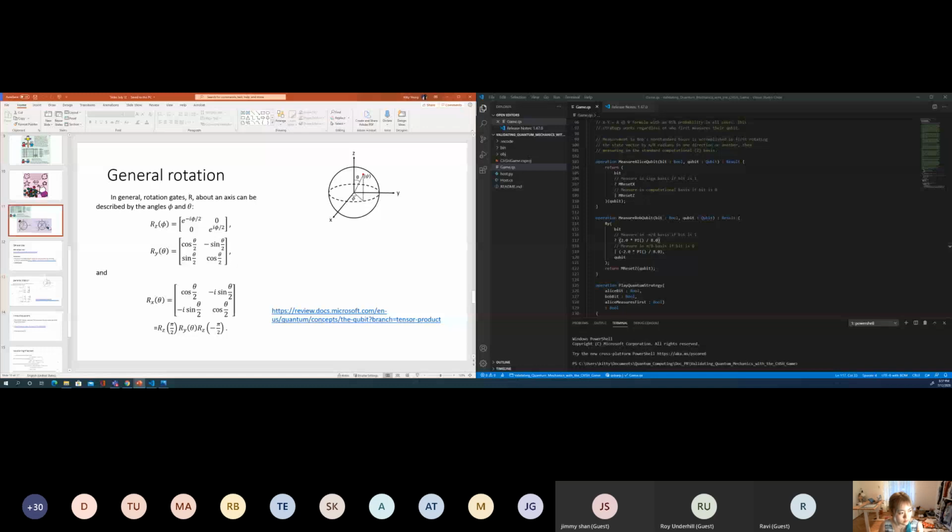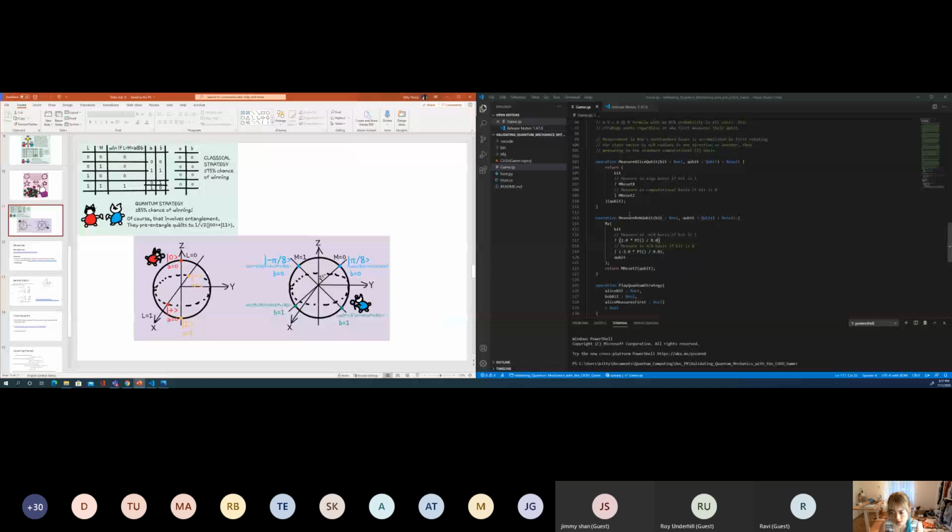This is doing exactly what Alice did, but just using the RY matrix to get to where you want. If you want to measure along the pi over 8 basis, then you will get 0. This is the basis that you're going to measure. If you want to measure along the minus pi over 8, you're going to do a rotation to this point here.